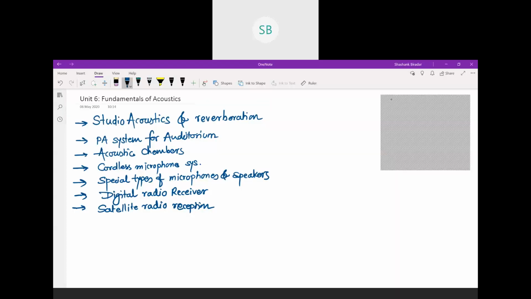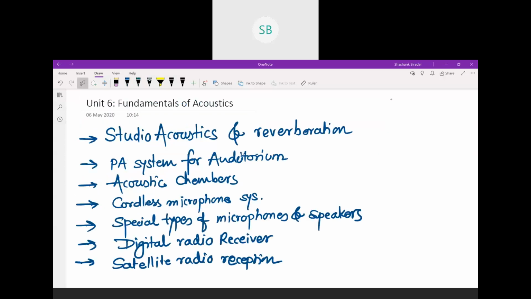In that we will be looking at various important parameters. The first parameter is studio acoustics and reverberation. The second point is PA system for auditorium. PA stands for public address system.